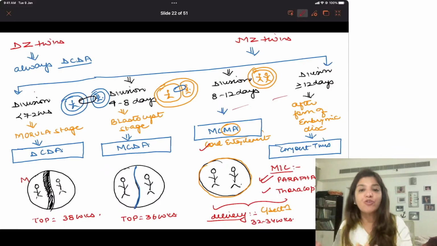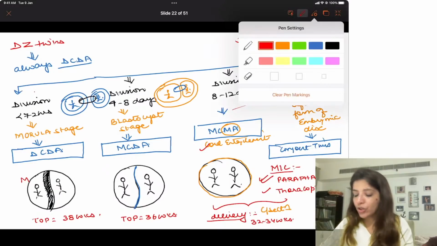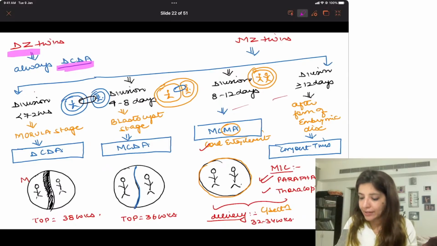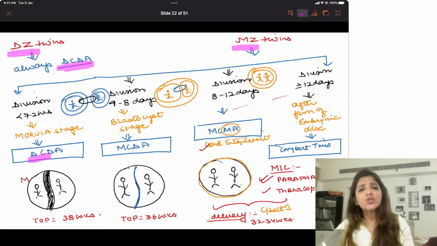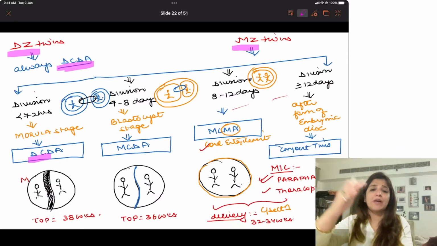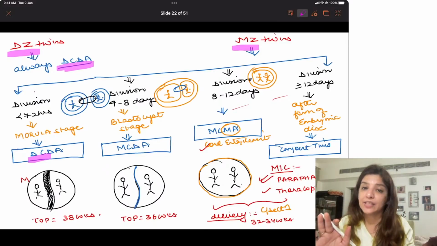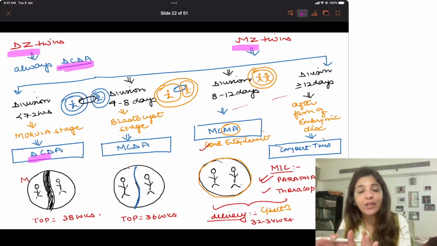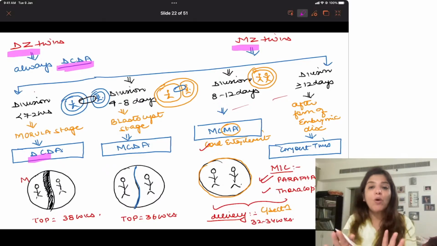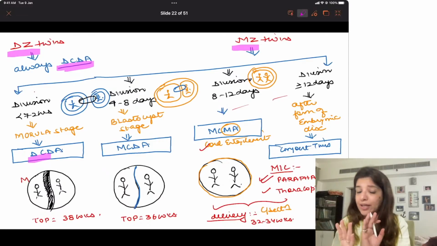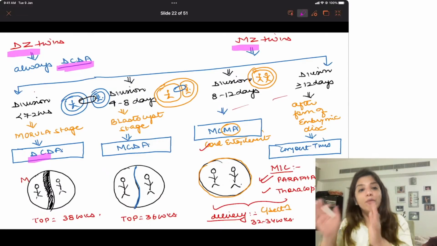Now as you can see from this flow chart, dichorionic twins can come from dizygotic twins, and dichorionic twins can also come from monozygotic. So whether the dichorionic twin is coming from dizygotic or monozygotic, that doesn't make any difference. If you have a dichorionic twin, prognosis is good, whether it is coming from dizygotic or monozygotic.